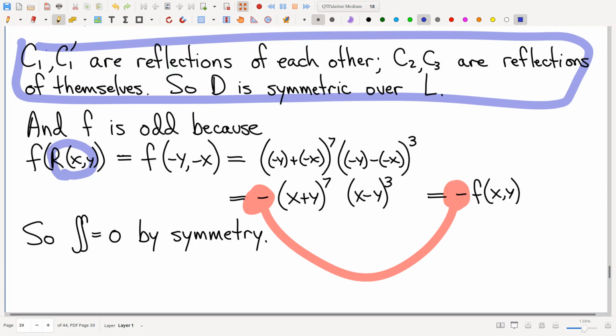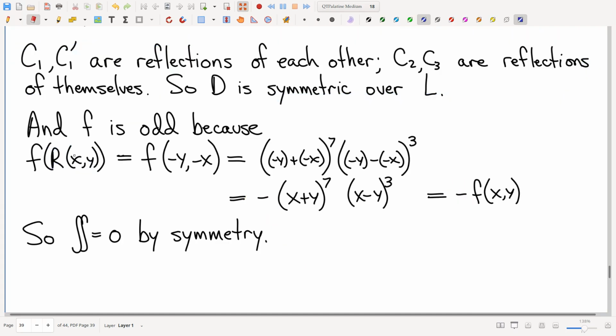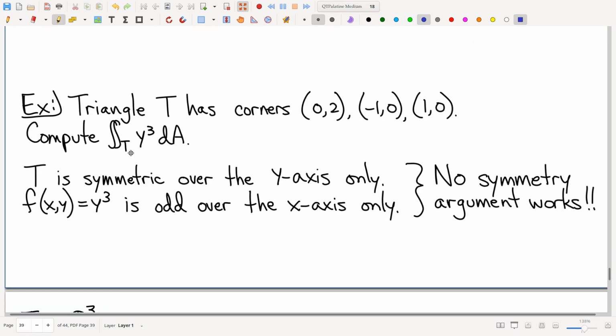Ooh, theorems have conditions. That's a whole bunny hole that I don't want to go down. Does that make sense? But keep in mind, you're not obligated to explain why. You just have to state it and be correct that the domain's symmetric. Your geometric intuition is going to be your guide on matters like deciding if the domain's symmetric. Okay. All right, here's another example.